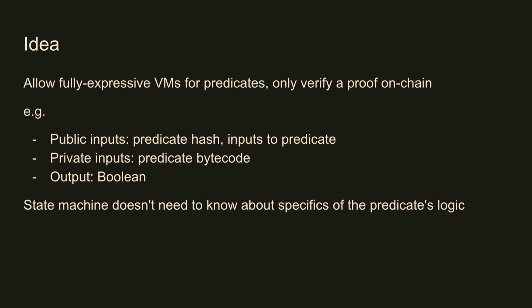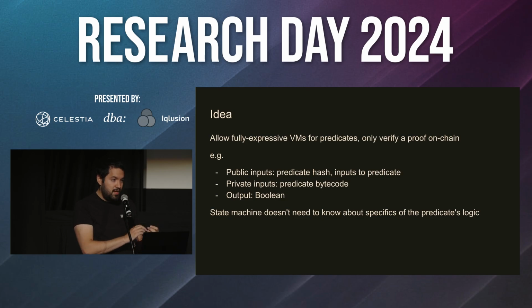This allows you to hoist all the complexity of a specific virtual machine, and it allows you to have multiple virtual machines that are user-defined. The user is not just defining the predicate, they're defining the virtual machine itself. And you can hoist that all into ZK land. Therefore, this requires basically only one change to Celestia, which is to verify ZK proofs.